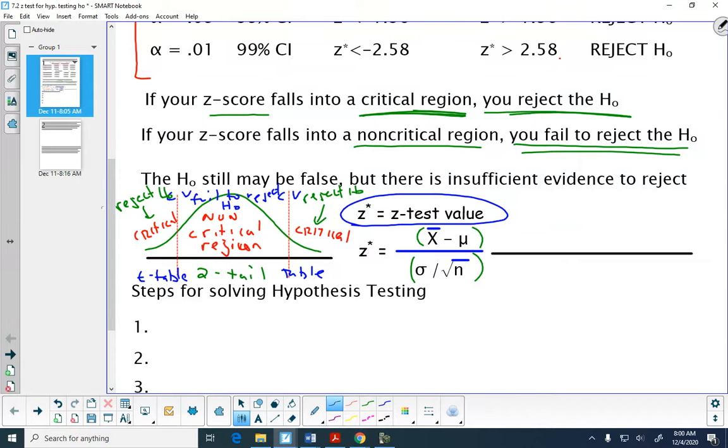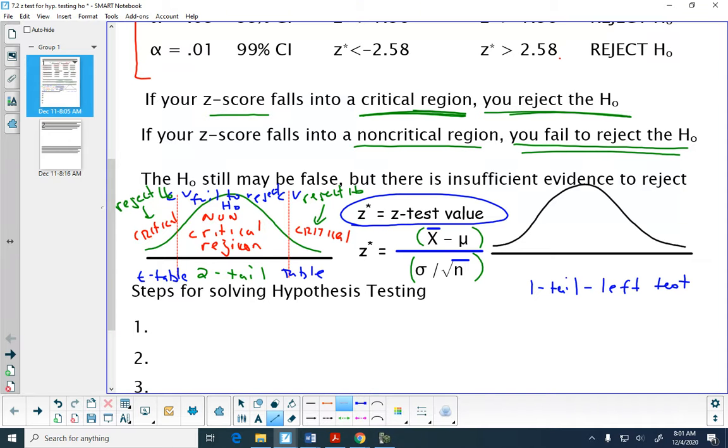What this looks like on a one-tailed test. We still have our bell-shaped curve. I'm going to do a one-tail left test.